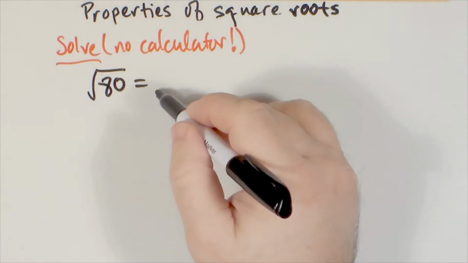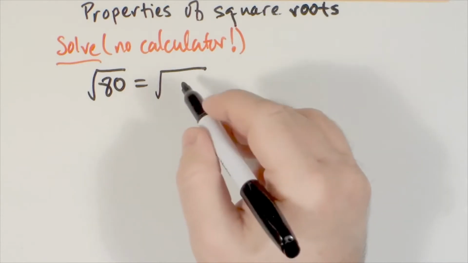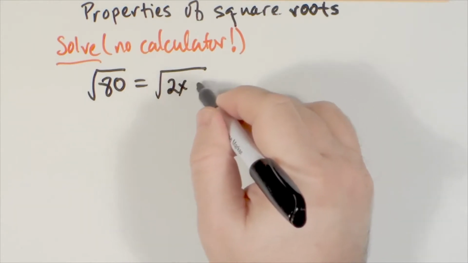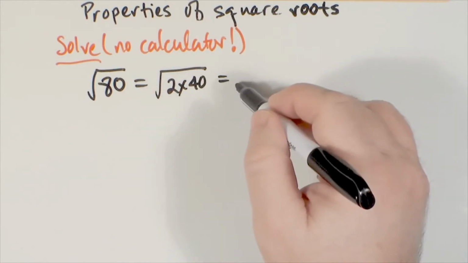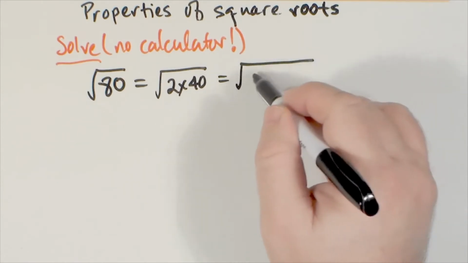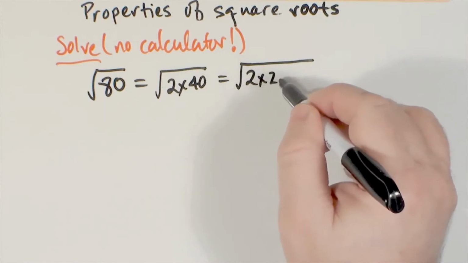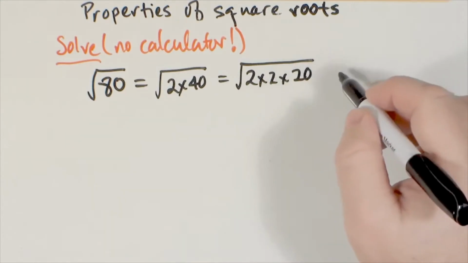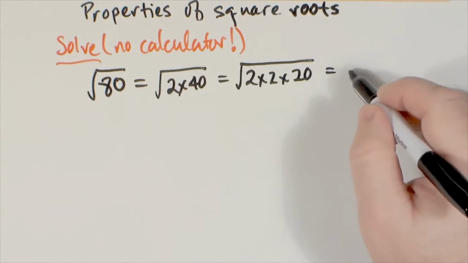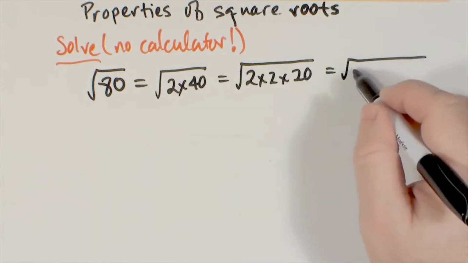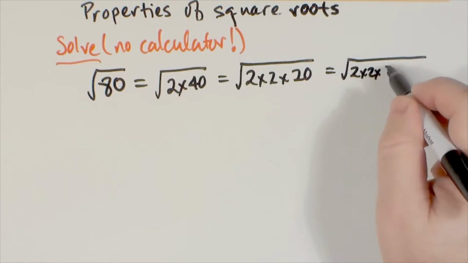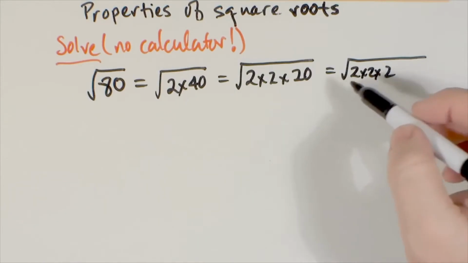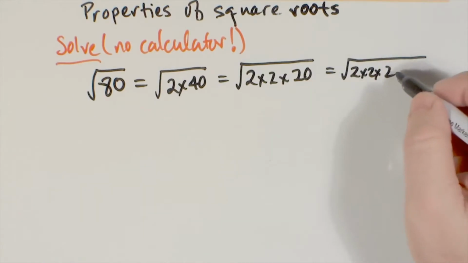Okay, I'm back again. So the square root of 80 is like 2 times 40, which we can take another 2 out of, and that's 2 times 2 times 20. Now we can keep taking out 2s, but I'll just save you the trouble. 20 breaks up to 2 times 10, which is 2 times 2 times 2 times 2 times 5 when we work it all out.